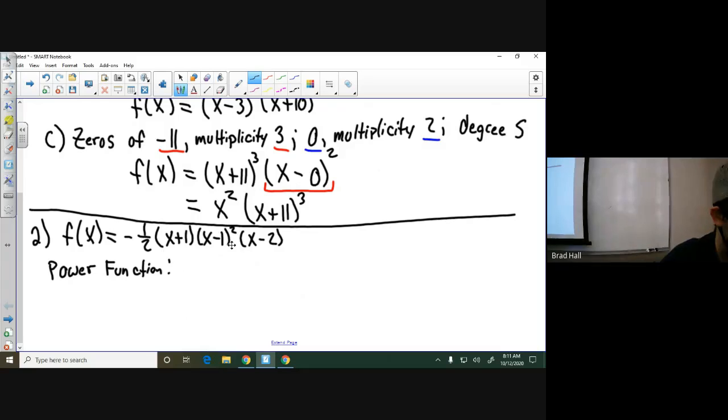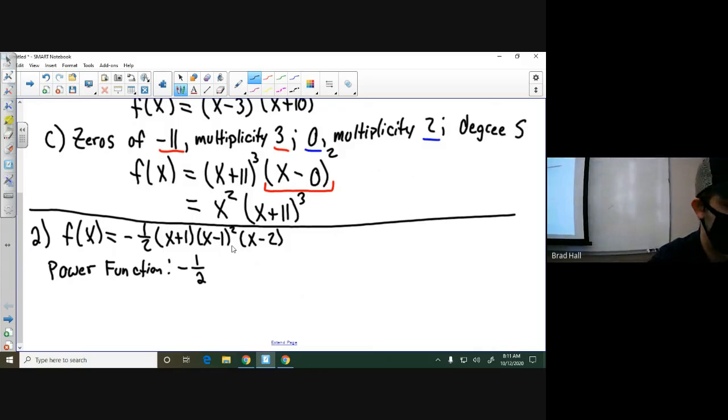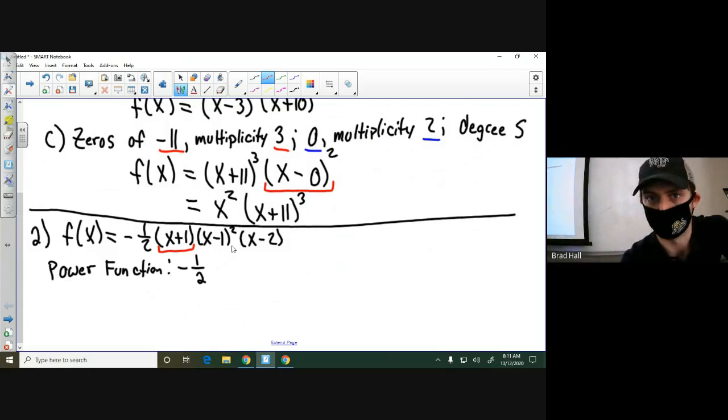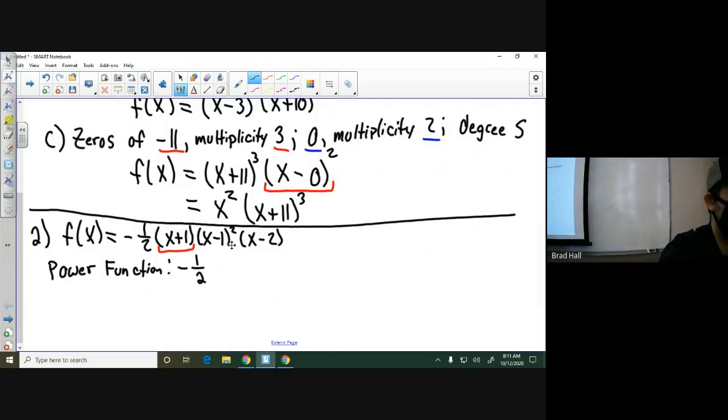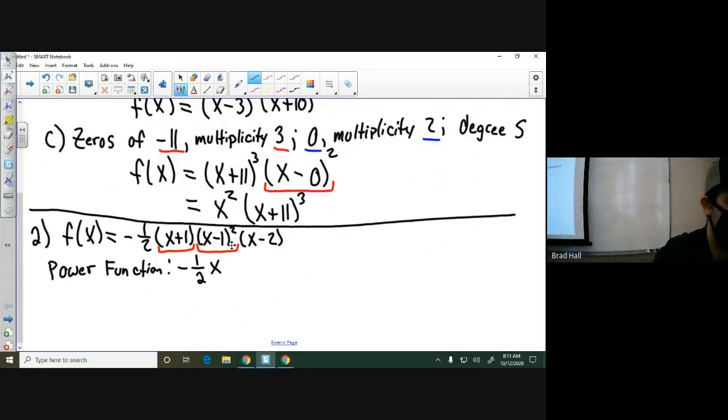So -1/2 isn't adding or subtracting to anything, so it's fine. X plus 1, that is an addition, and the x is superior to the 1. So I will drop down an x, and then for the next one, x minus 1 squared. X dominates the -1, but there is a square associated to it.